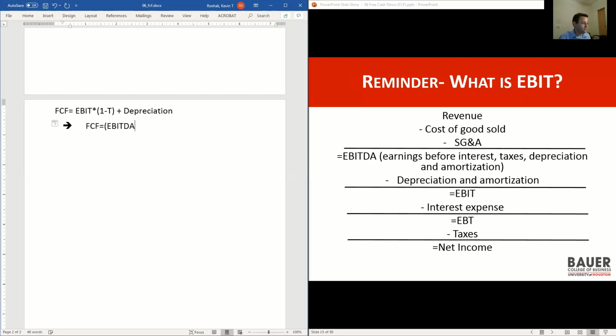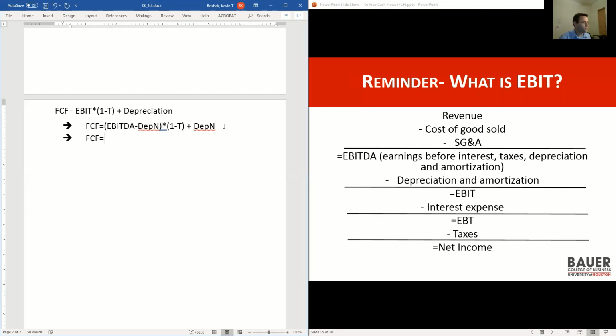Minus depreciation. I'm just going to shorthand write depreciation as DP capital N. So this is just reflecting that EBIT takes out depreciation. To get at EBIT, you need to subtract depreciation. So now I'm going to rewrite things in terms of depreciation. So I'm going to pull depreciation out of this parentheses.